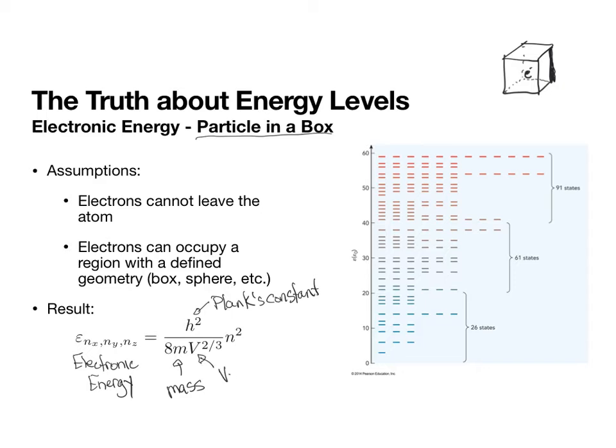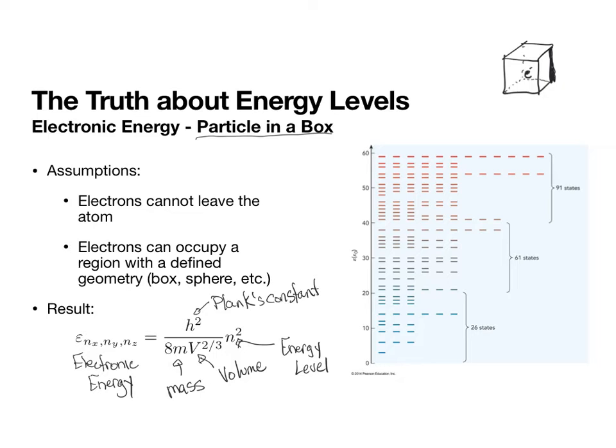V is the volume of our container, or the size of our atom. And n is the energy level. So this n is really thinking about the 1s2, the 2s2, which quantized energy we are.